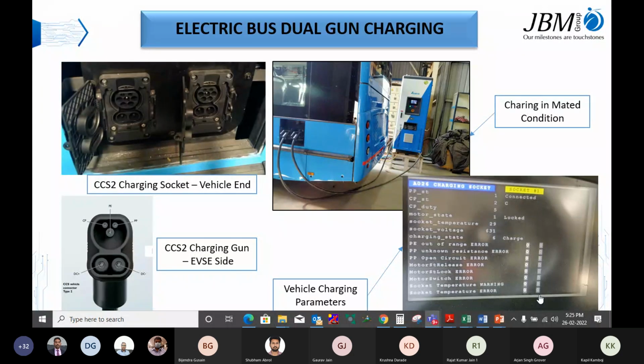Basically, when the battery is empty, it is almost 580 or 590 volt, and the required voltage is 705 volt. During the start of charging, the vehicle bus will send the constant current demand, like 200 ampere or 400 ampere. Basically, my battery gives the demand up to 400 ampere.